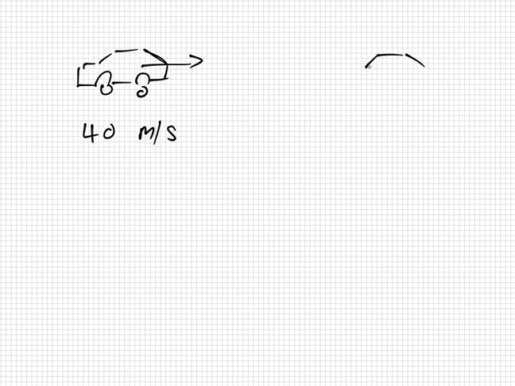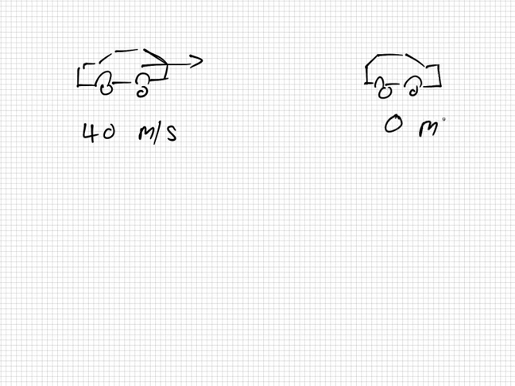So let's say, for example, we have our car. Sorry, that's the front and that's the back. It's going this way at, let's say, 40 meters per second. But then the car has to put the foot on the brake to slow down. The car wants to stop, so later it stops.